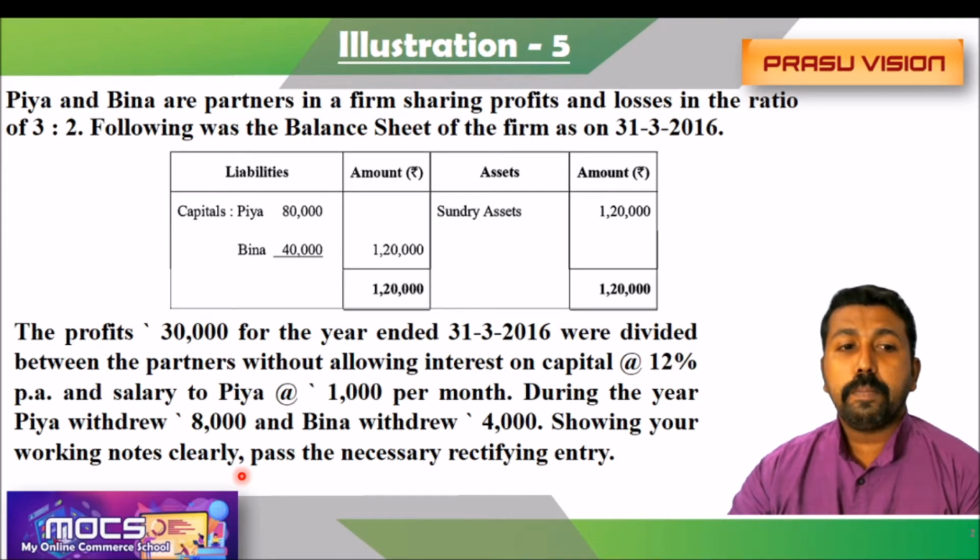During the year, Priya withdrew rupees 8,000 and Beena withdrew 4,000. No need to calculate interest on drawings. So how do we write the adjusting entry, the rectifying entry, for this case? We have already learned these types of problems in the first video lesson.